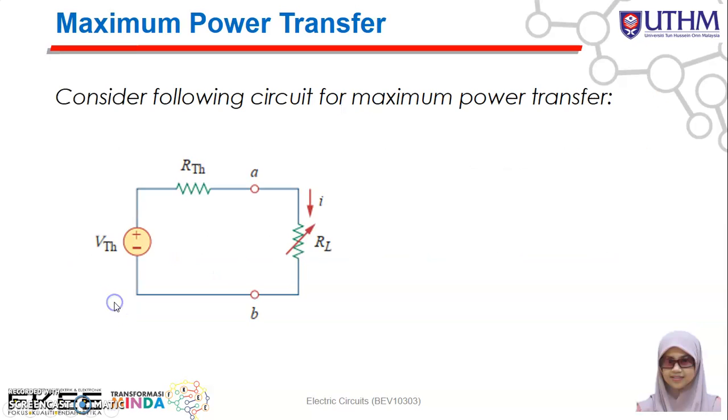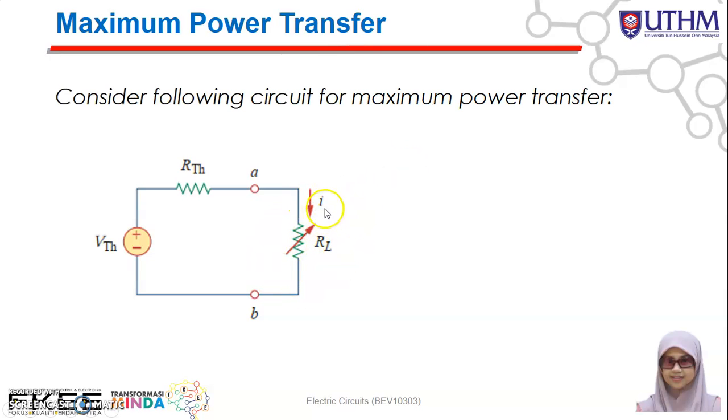In order to understand maximum power transfer, we consider the following circuit. This is the equivalent Thevenin circuit, where you have a supply V Thevenin connected in series to R Thevenin, and then the equivalent Thevenin circuit is connected to RL, which is your load resistor.